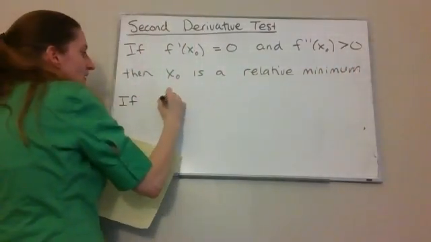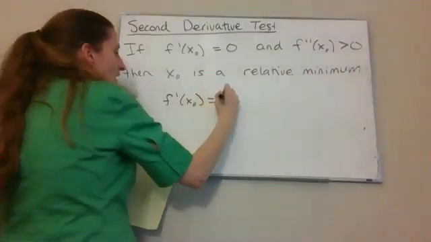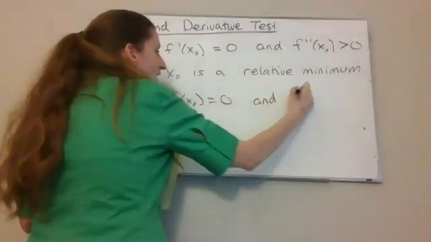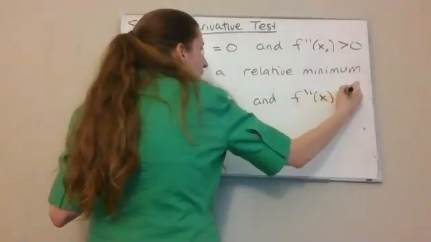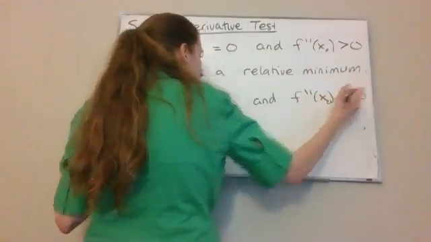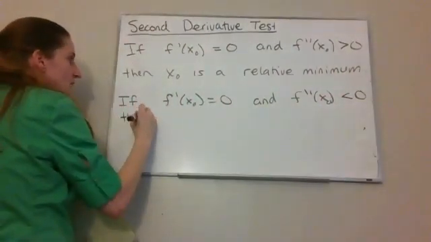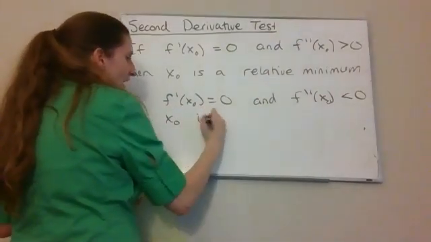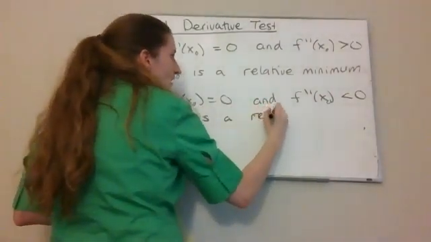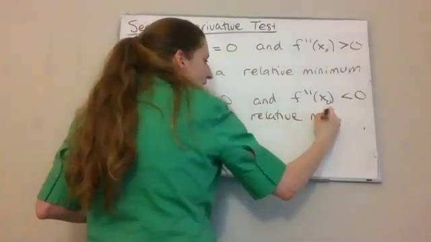And if our derivative equals 0 and our second derivative is negative, then x0 is a relative maximum.